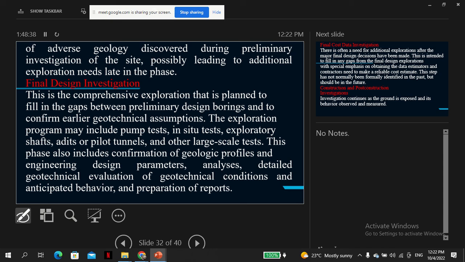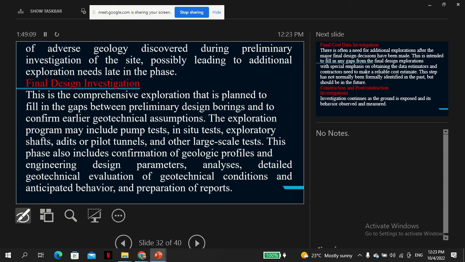So the final design, this is comprehensive exploration that is planned to fill the gaps between the preliminary design borings and to confirm earlier geotechnical assumptions. Now here, because during the preliminary investigation you've checked the maps, you have an idea of the kind of rocks, the kind of jointing, the nature, and so on.